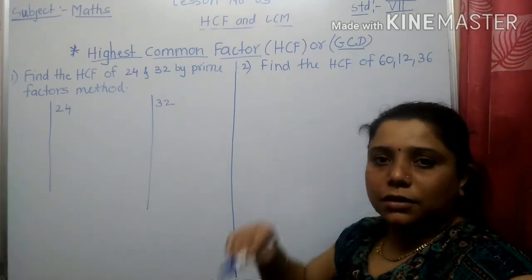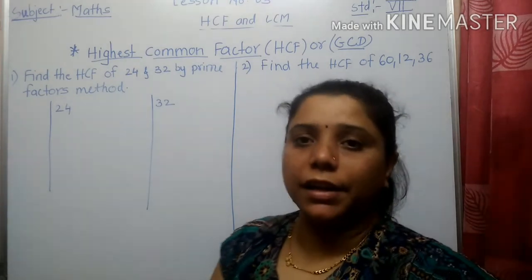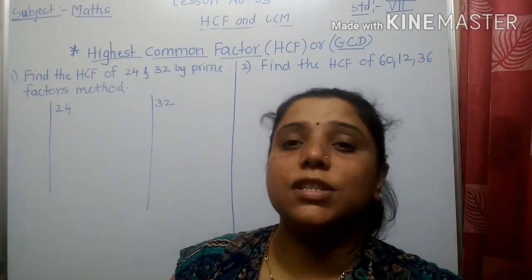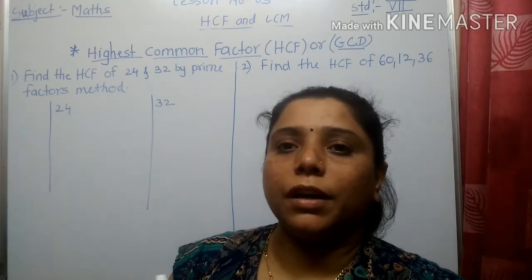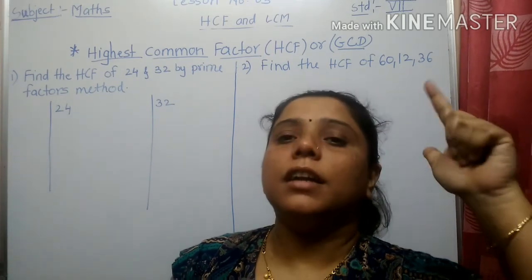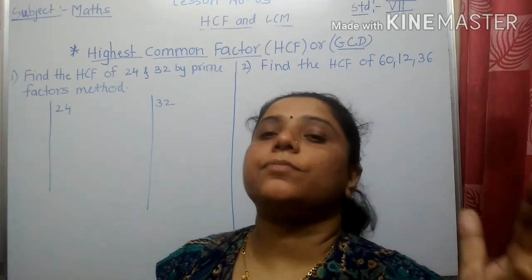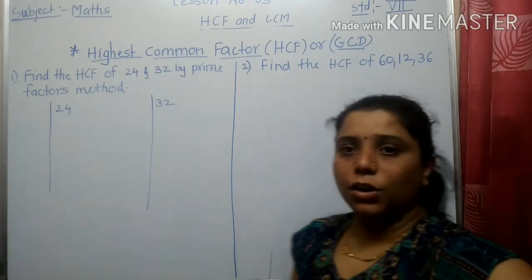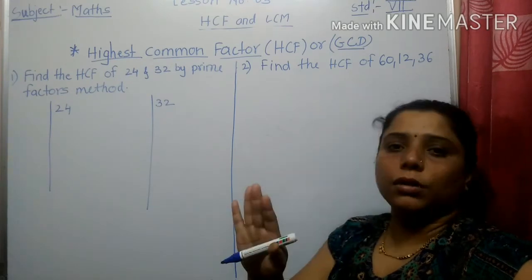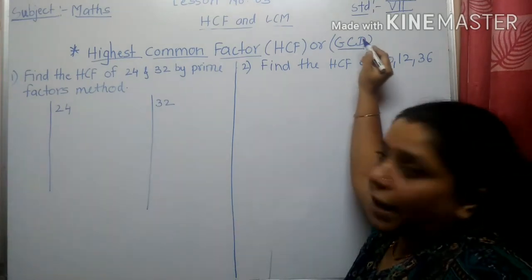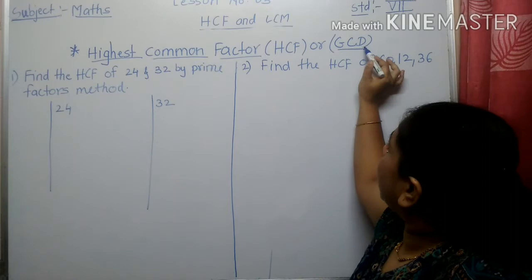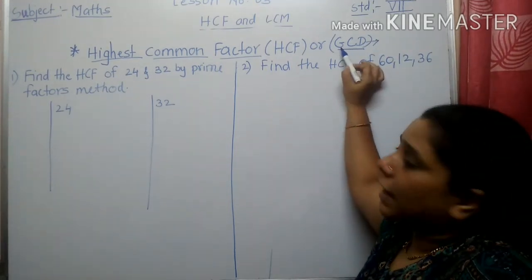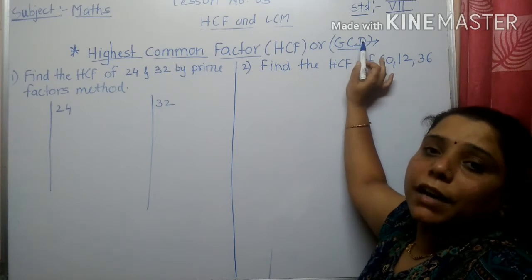Now in the division method, you know which is the dividend, which is the quotient, which is the divisor, and what is left out, the remainder. Out of these four concepts, we have taken one concept, that is divisor. Understood? So it is the greatest common divisor.